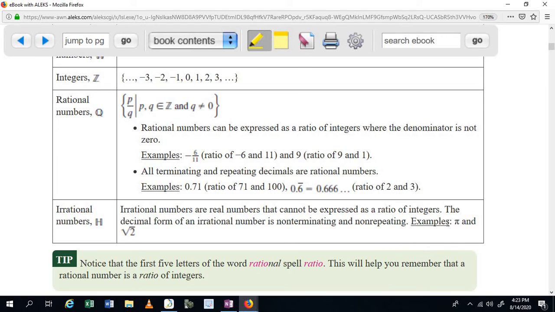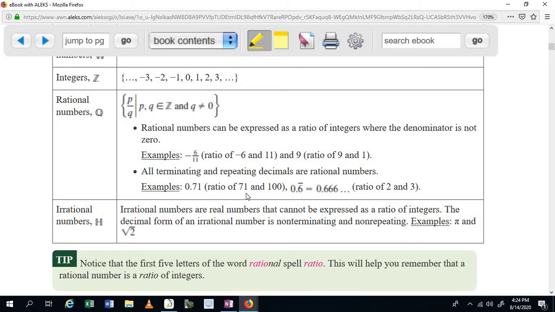Now, in terms of decimals, if you have a decimal and it does not terminate, so it never stops, and it never repeats itself, then that means it's an irrational number. Okay, any decimal that terminates and stops, you can always write that as a ratio of two integers, and so it's rational, like 0.71 stops.